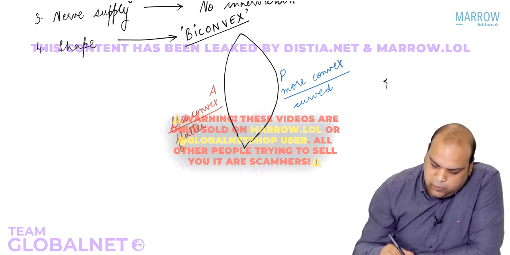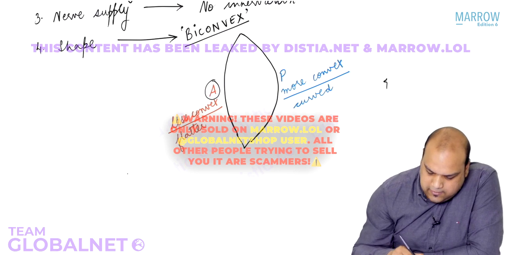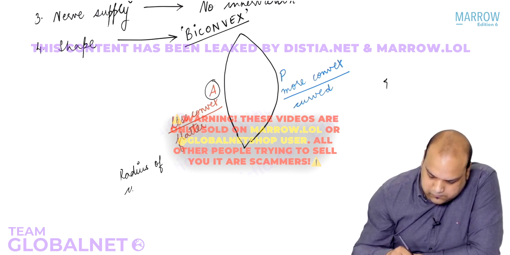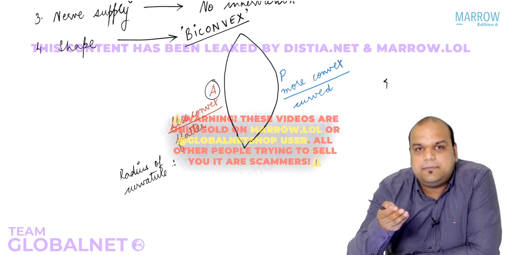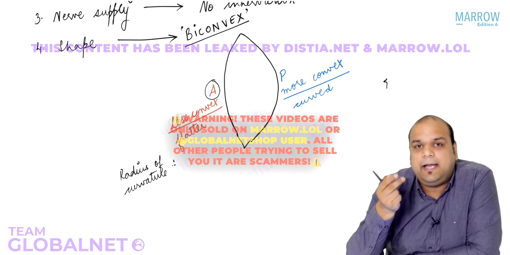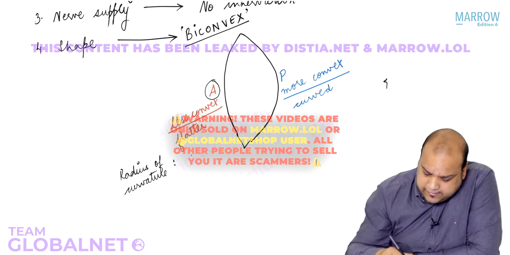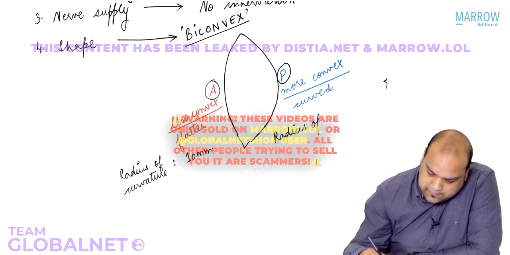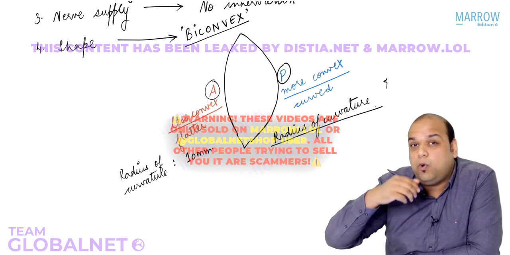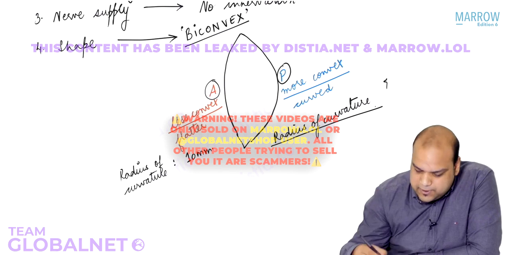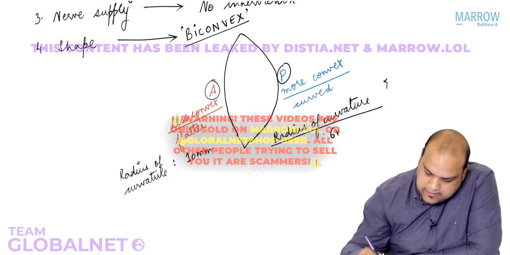Okay? So it is relative in comparison to each other. Now, if I want to ask you about the anterior surface, what is the radius of curvature? Just simple basic common sense comes here, everybody. The radius of curvature of the anterior surface, because it is flat, should be greater. It is 10 mm. And the radius of curvature of the posterior surface, because it is more curved, will become smaller. This is 6 mm.